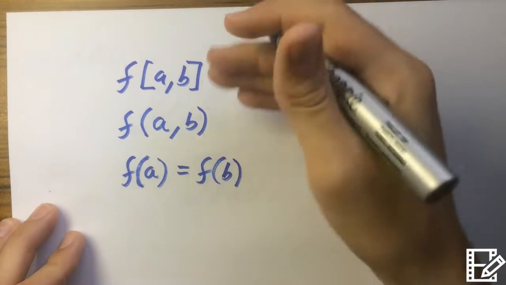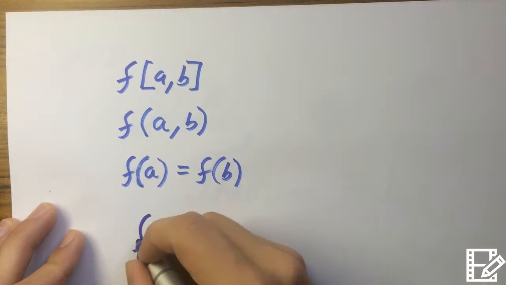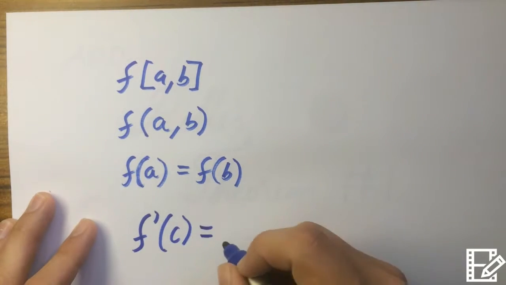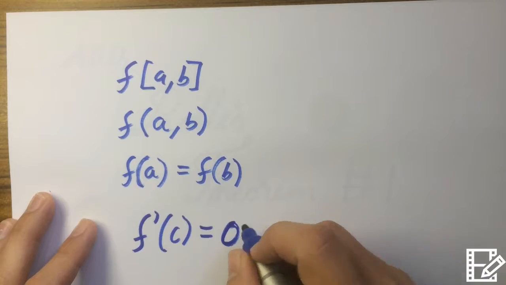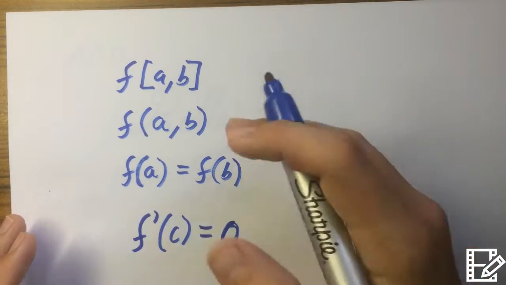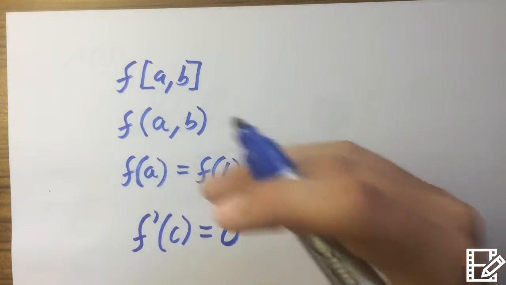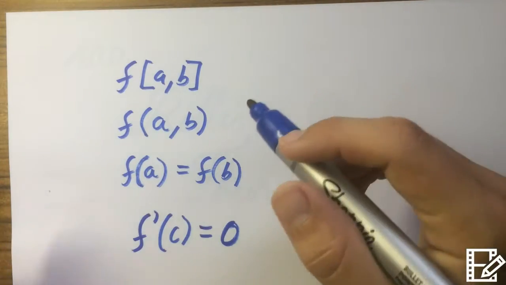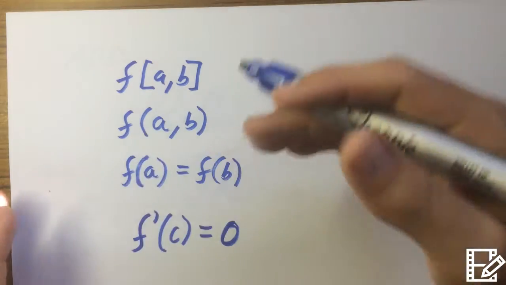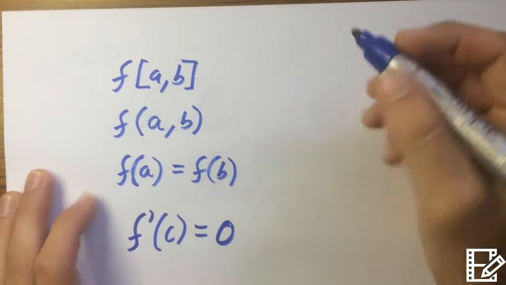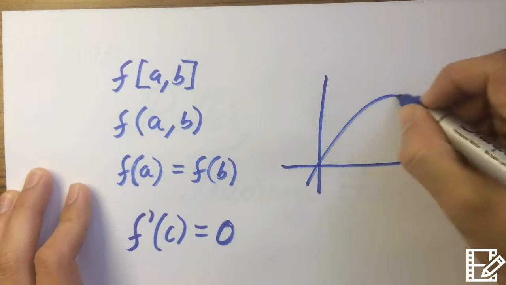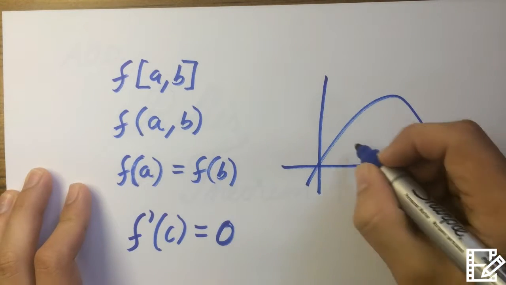And if these three are met, then the derivative of f of c equals 0, and you use that to find the point where the slope of the tangent line is equal to the slope going across of the secant line. So you have a function that comes up like that.